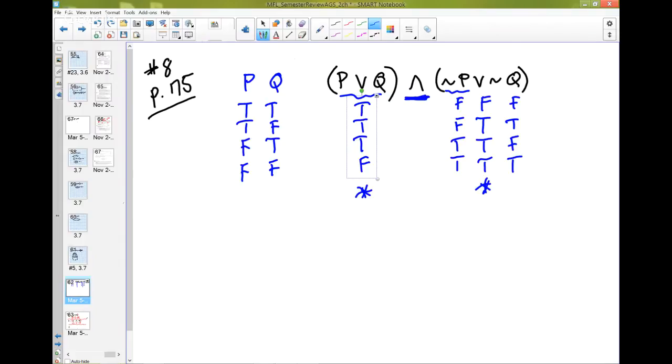So I'm going to put that answer right here, and then that should be our final result, okay? So we're going to take those 2 asterisk columns, and now we're using the and rule, and the and rule is only true when both are true. All right, true, false. They're not both true. True, true. They are both true. True, true. They are both true.